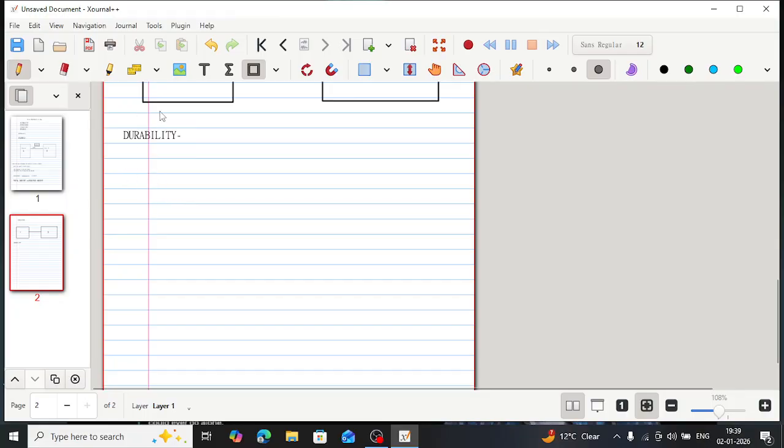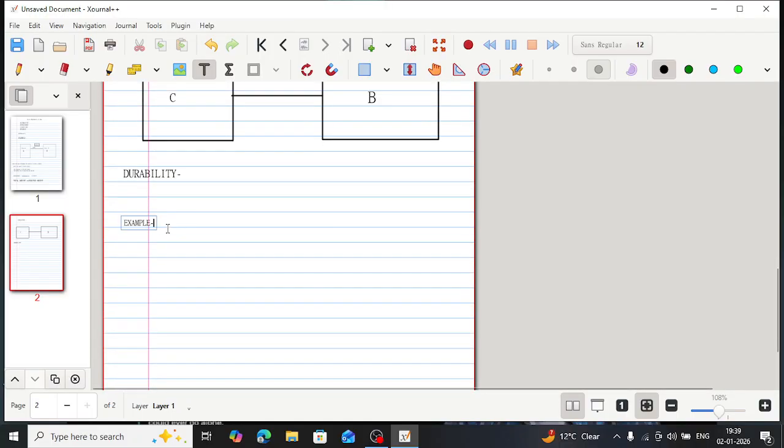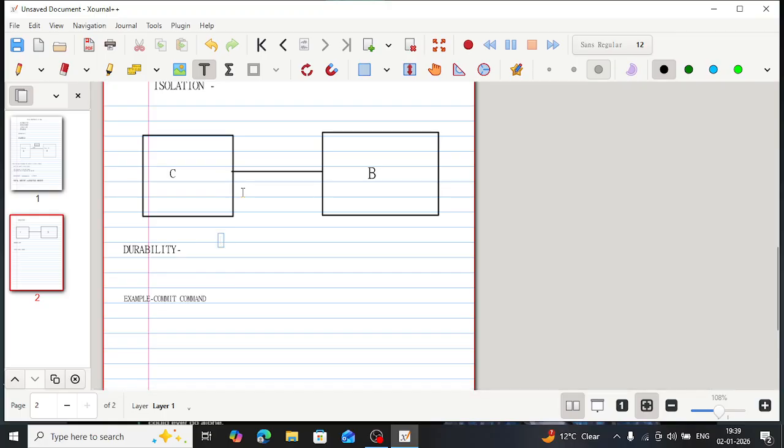Durability is directly connected to the commit command. What happens in a transaction is that the information is sent to my database and database software that the transaction is completed.